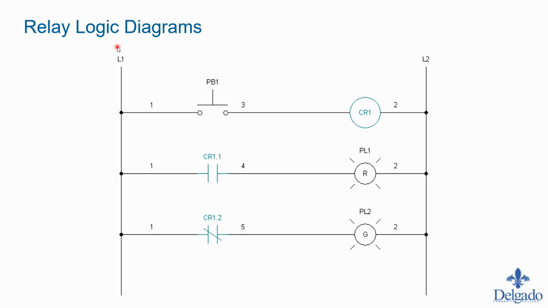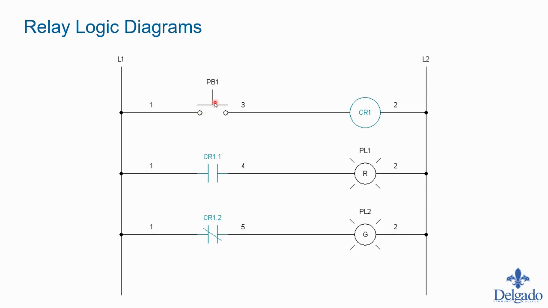If we were going to analyze this diagram, we would start here at rung 1, and we would come off of here, and we see that we have a push button. We have it drawn as a normally open push button, which means that there is not a path through this push button. This push button is not passing power, another term for that.